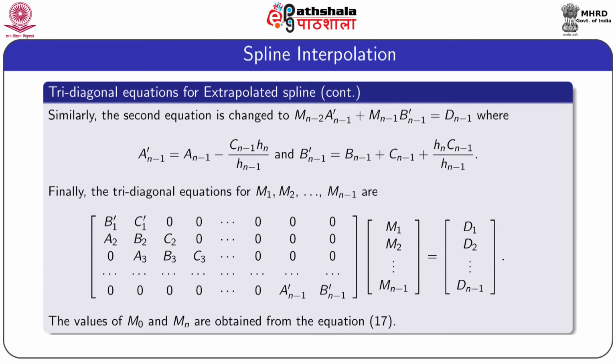So, finally, we have the system of tridiagonal equations for the unknowns m1, m2 up to mn minus 1 as this. This system also contains n minus 1 equations and n minus 1 variables. So, after calculating the values of m1, m2 up to mn minus 1, we can determine the values of m0 and mn from equation number 17.